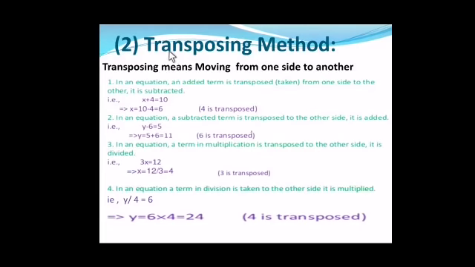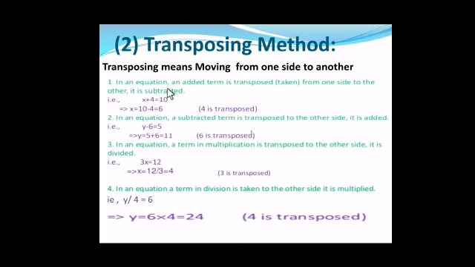Now let's see the second method, which is the transposing method, which is mostly used and easy for solving linear equations. Transposing means moving from one side to another, either from LHS to RHS or from RHS to LHS. So what is the first point saying?